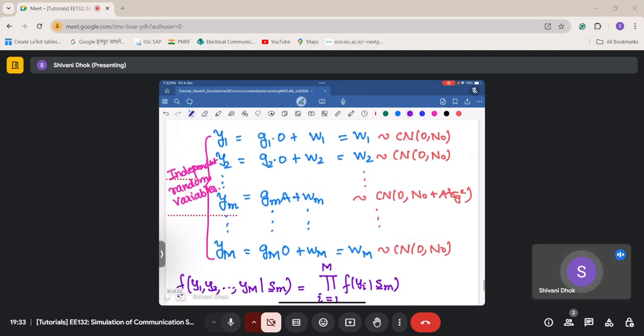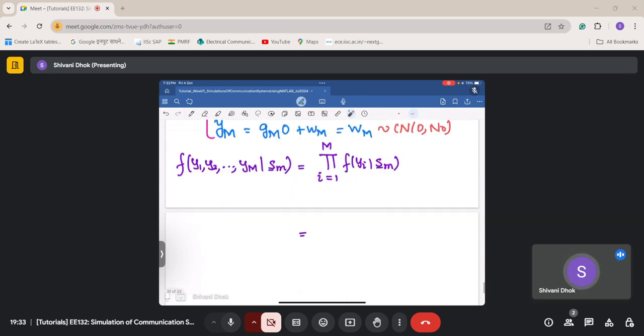So if you observe here, y1, y2 till ym, except for this little m, are distributed identically and independently. So what I can do is simply separate out this factor, that is f of ym given Sm, multiplied by the product of i equal to 1 to capital M, where i is not equal to m, of f of yi given Sm.